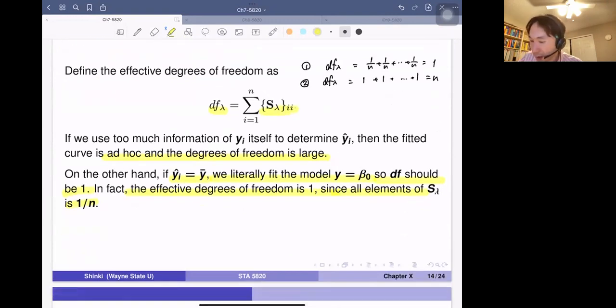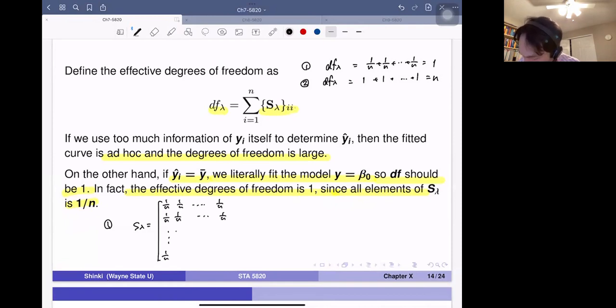So just in case, the simplest case: S lambda is such that every yi hat is y bar, so every entry is 1/n. The diagonal terms are 1/n, and the summation is 1.